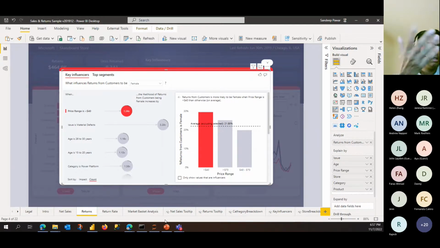Maybe what the developers wanted to get out of this was, "Tell me, if a female goes into the store and buys something, what happens?" And what happens is that they are usually between 26 to 30, 15 to 20, and they typically buy products in the category Power Platform. But that implies causation. What we are saying is that if I go from male to female, whoever comes in is more likely to purchase a product that is Power Platform.